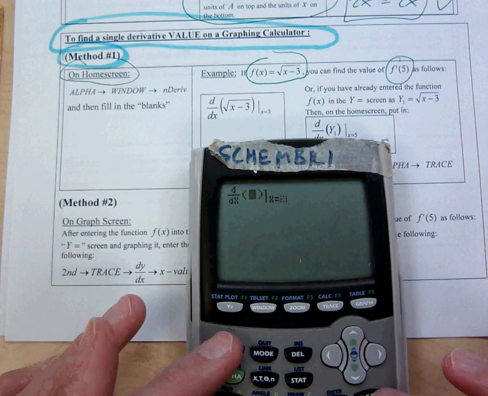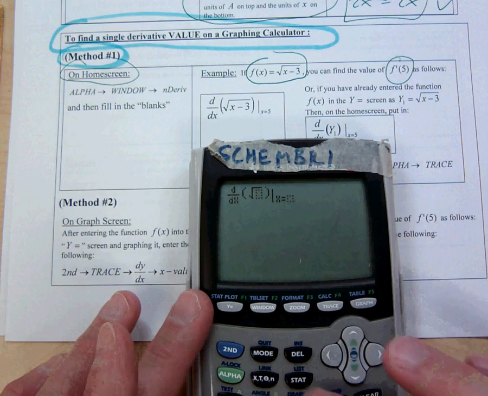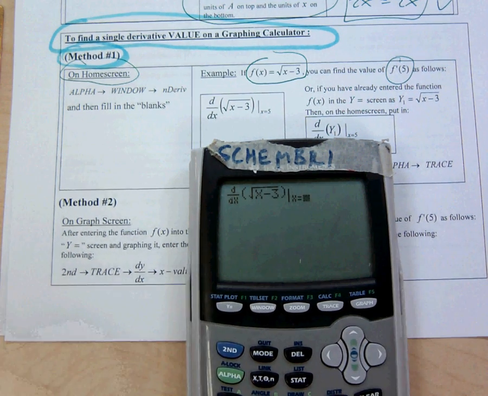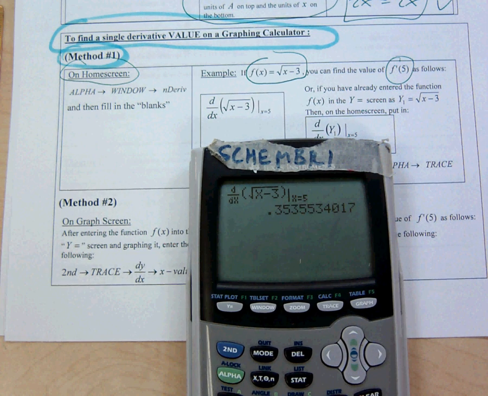Everybody type that in. Then I want to find the value of the derivative when x equals 5, and you hit enter. And there you go. There's the value of f prime of 5, which again is the slope of the tangent line, or the instantaneous rate of change in my function at x equals 5. Are you following me?